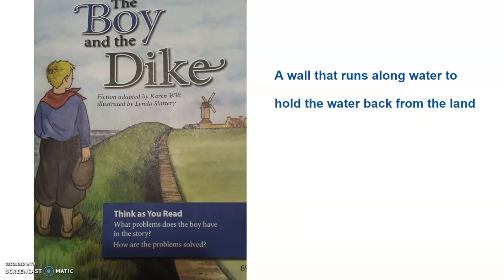Wait, I know you're going to enjoy it. Wait till you find out. Boy, he does something very heroic. He's the main character in this story, and he does something heroic. Maybe you should pause here just for a moment and predict what Jan might have done. And I wonder if you can think of how the problem is solved. Think of what the problem might be and how Jan solves it.